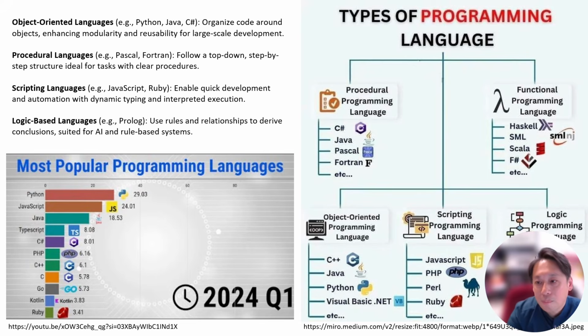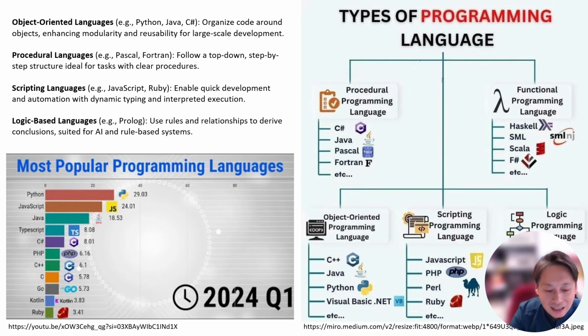So programming can be divided into five parts. The fundamental or basic one, we call procedural programming language. Procedural programming language contains C#, Java, Pascal, Fortran, etc. This kind we call a low-level language.